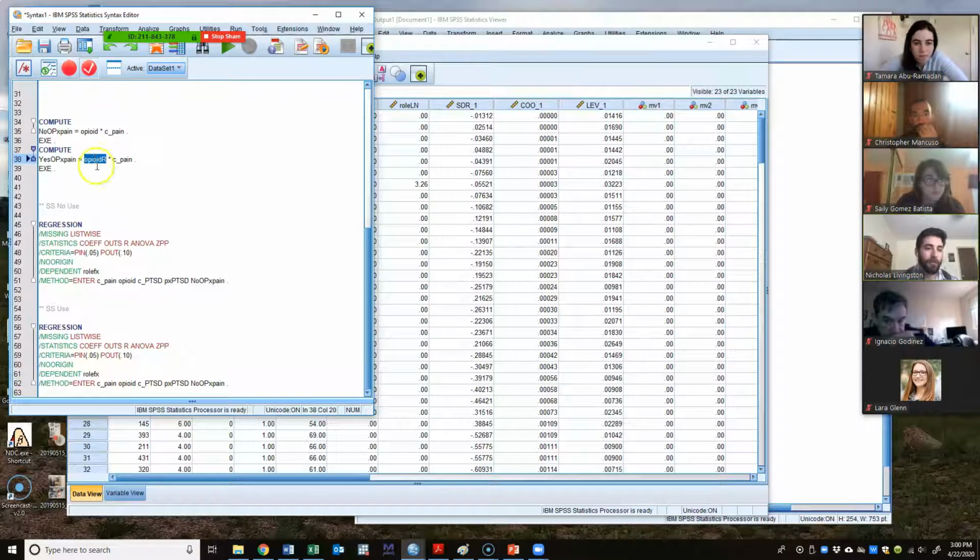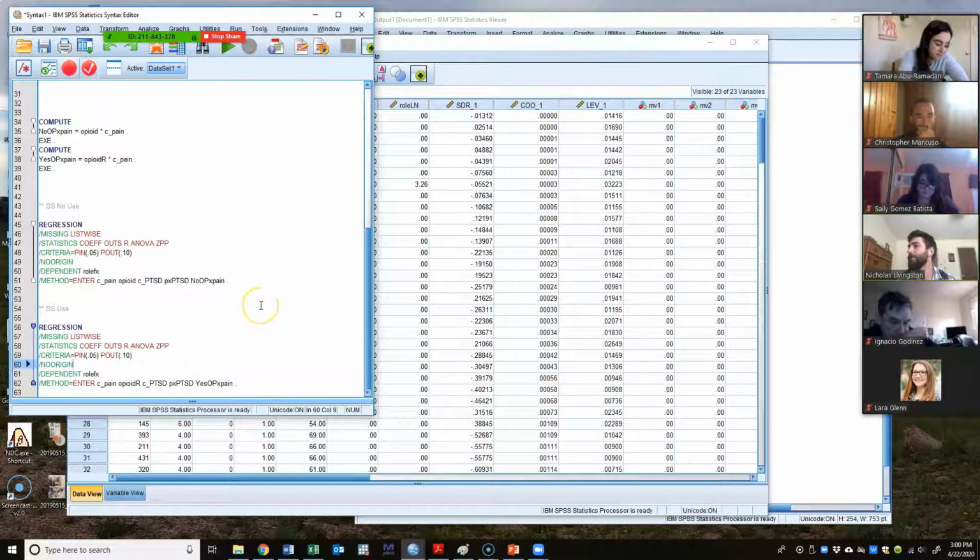Is it fine? Nope, it's not fine. Right. Gonna put my reverse coded up. Why do I want my reverse coded opiate use in there? Because then that corresponds to people that have use. Yeah, 0 corresponds to people who are using, right? PTSD, is that fine? Yeah. PTSD is fine. Pain times PTSD? Sure. That's fine.